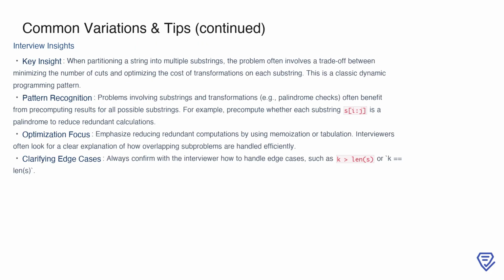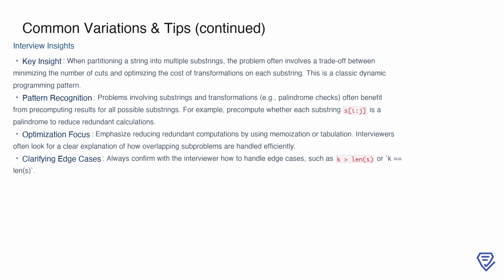Now, let's discuss some insights that are particularly useful for interviews. A key concept to understand is the trade-off between minimizing the number of cuts and optimizing the cost of transformations for each substring. This trade-off is a hallmark of dynamic programming problems. Recognizing that problems like this often involve substrings and transformations is crucial. A common optimization strategy is to pre-compute results for all possible substrings.